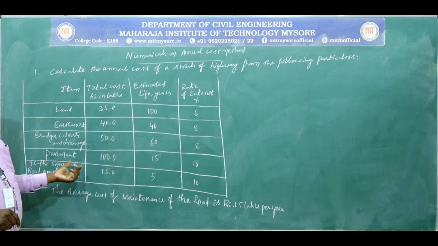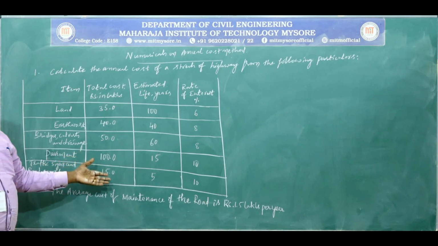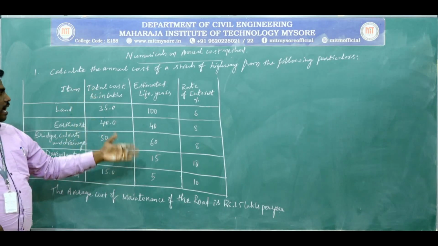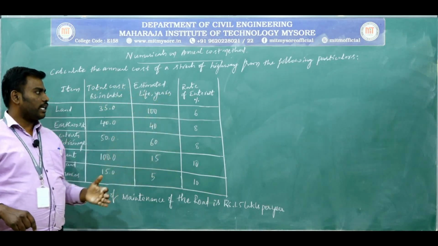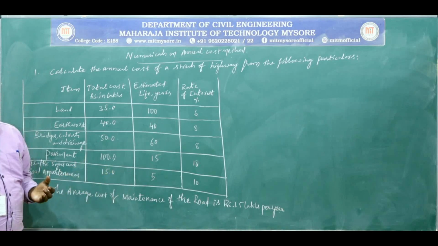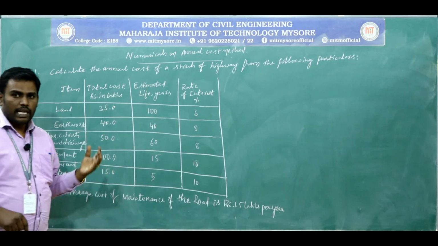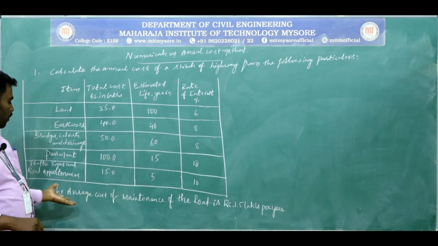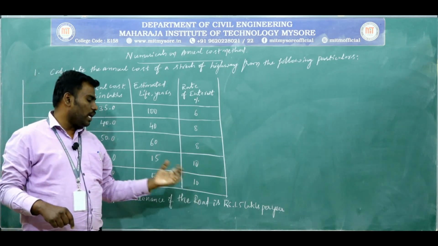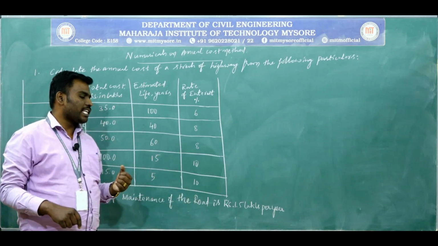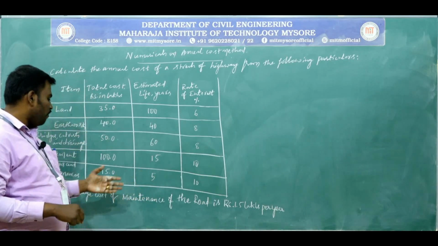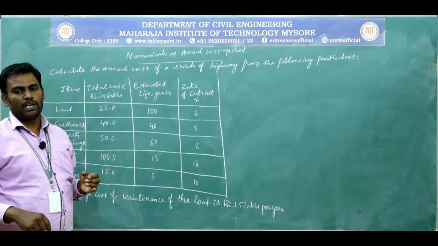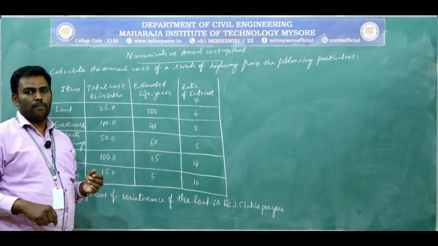For traffic signs and road appurtenances, total cost is 15 lakhs, estimated life is 5 years and rate of interest is 10%. Next, the average cost of maintenance of the road is rupees 1.5 lakhs per year.